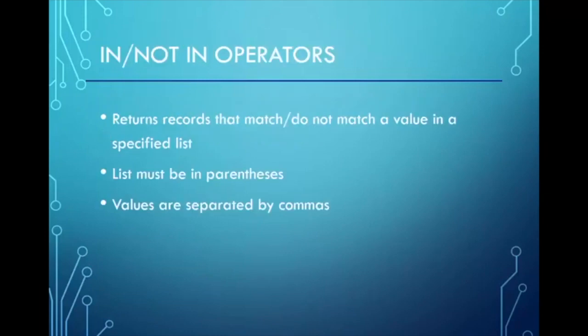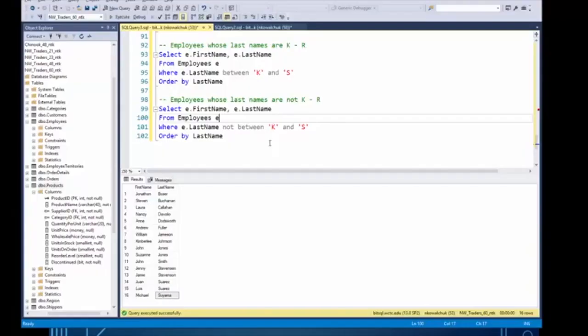Then we have the in and not in operators. They return records that match or don't match values in the specific list. We have to give the list in parentheses, and the values have to be separated by commas. So if I want to see employees in the US, I'm just going to start with a star from employees.